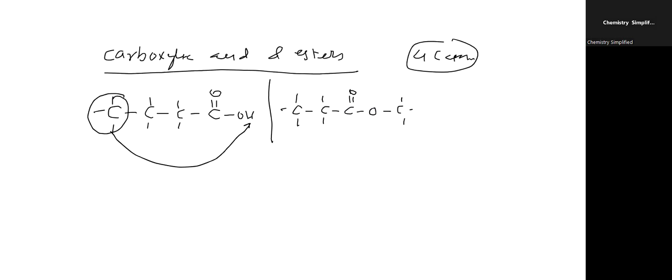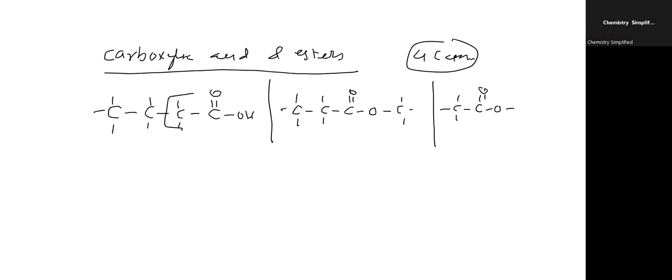If I shift 2 of these here, then I have to start my structure with this. So I will start the structure here, and those 2 carbon atoms will come on this side.